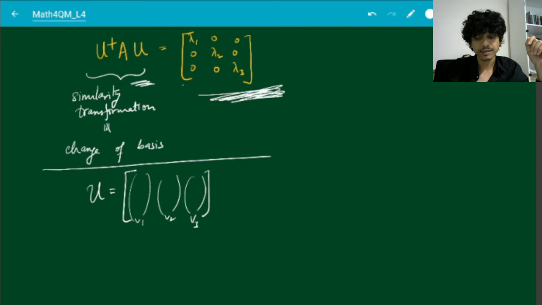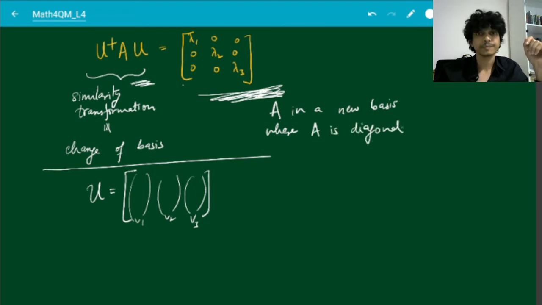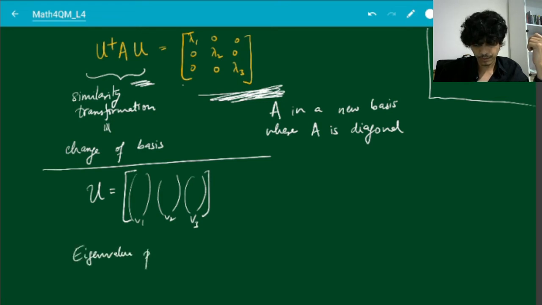So this is nothing but the matrix A, but in a new basis where A is diagonal. That is why the whole eigenvalue problem is also sometimes referred to as the process of diagonalization.